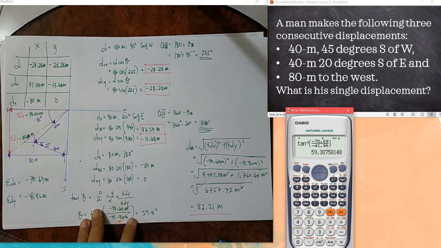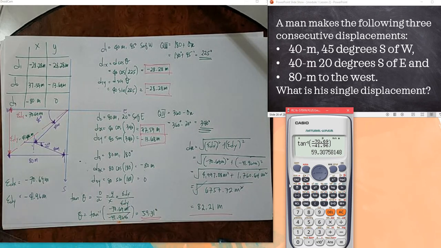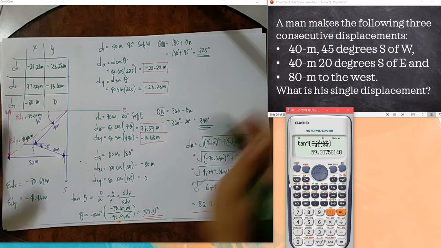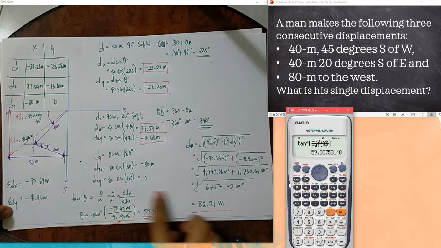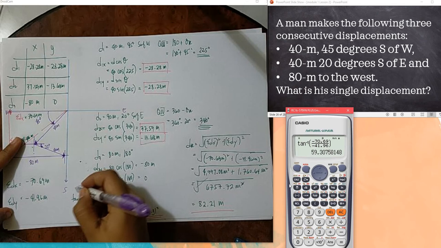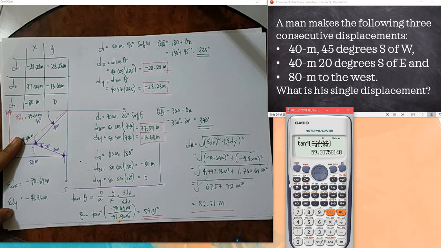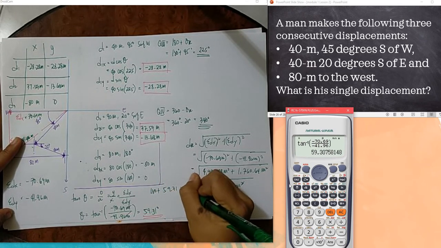59.31 degrees. Take note that our resultant vector is in the third quadrant. Because it is in the third quadrant, what do we do? We add it to 180. So, what will be our final angle? 180 plus 59.31 degrees.